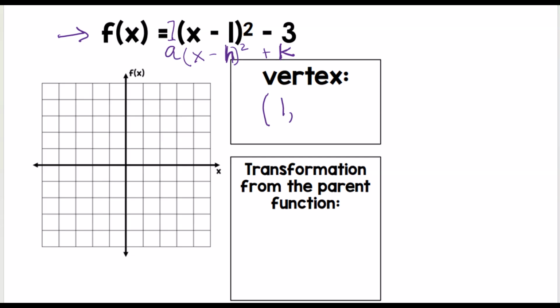So the h here is a positive 1, because we do the opposite sign of that negative 1. And what is k? Negative 3. So (1, −3) is the vertex of this parabola. We're going to go over 1, right 1, down 3, and plot that point.